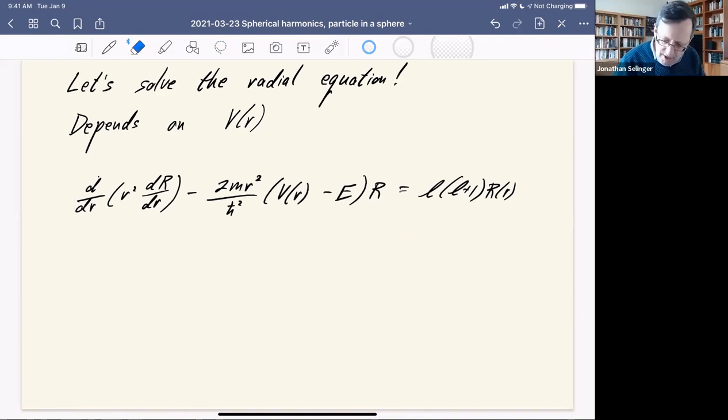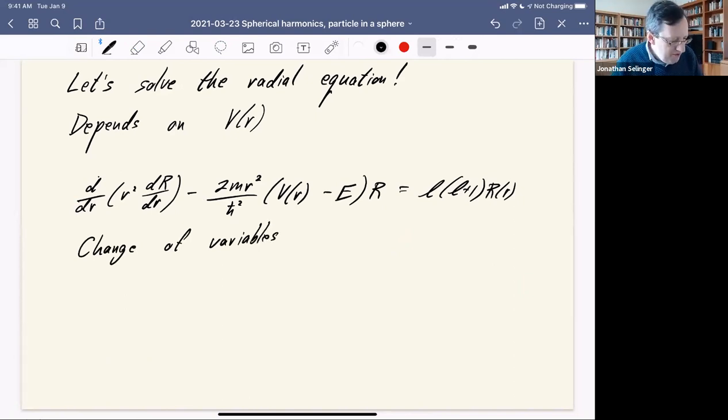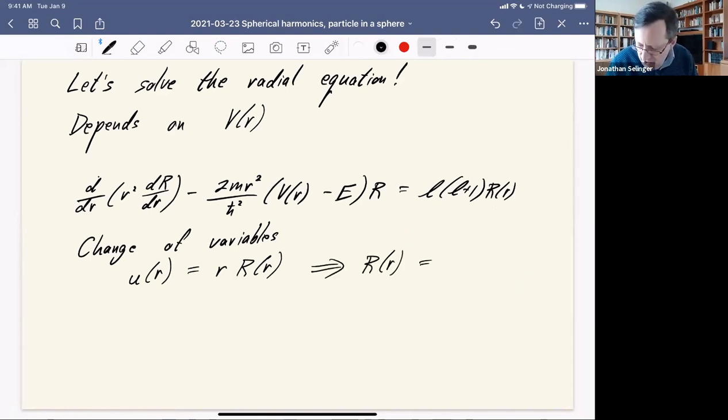What people often do is a change of variables, which is they define a u that's related to the capital R function. It's just little r times the capital R function. So that means that capital R is u divided by little r. And why do they do that? Well, because then there's a little bit of a simplification that comes out.